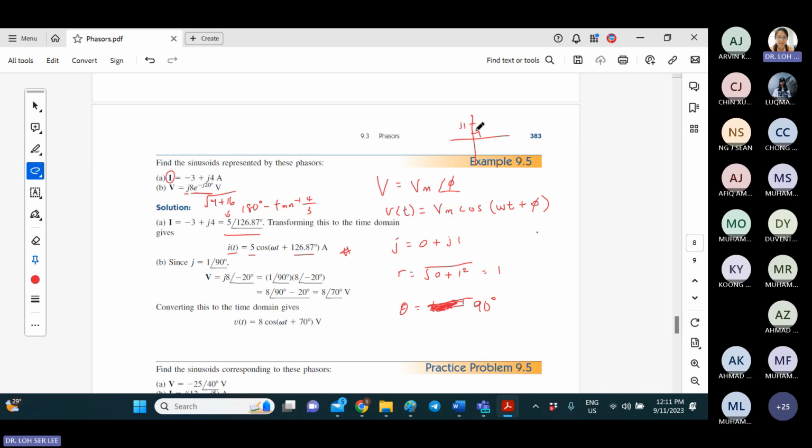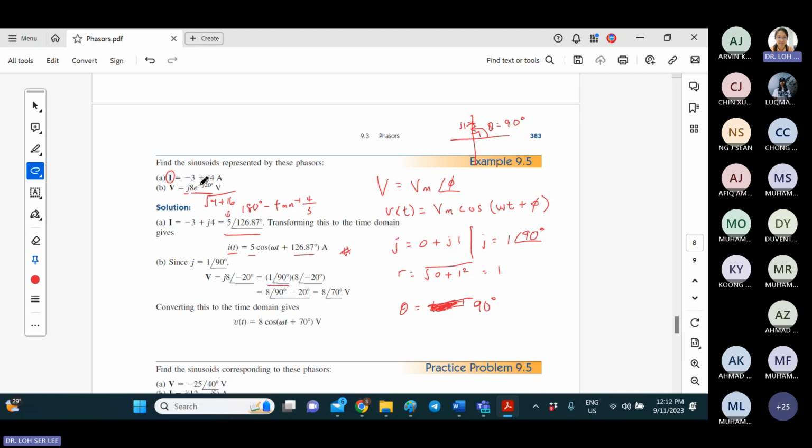Your theta is 90 degrees. So j is 1 angle 90 degrees. Your j is imaginary with unit of 1, so that means it's here, and the angle here, your theta, is 90 degrees. So j is 1 angle 90 degrees.